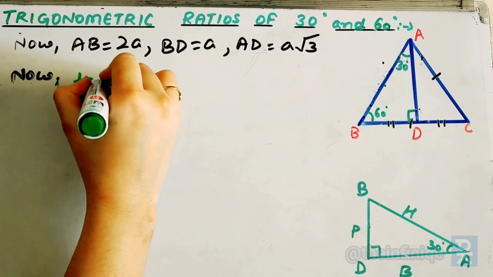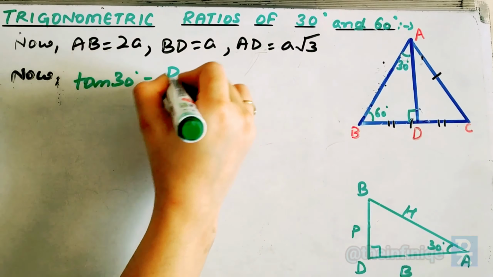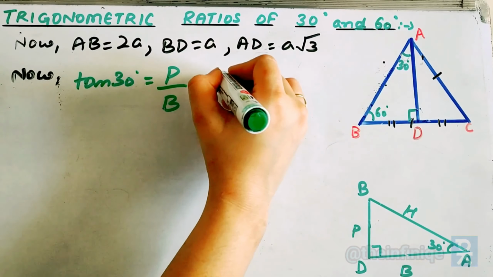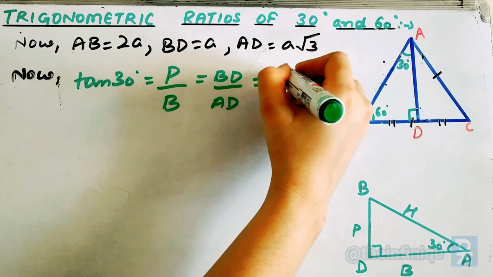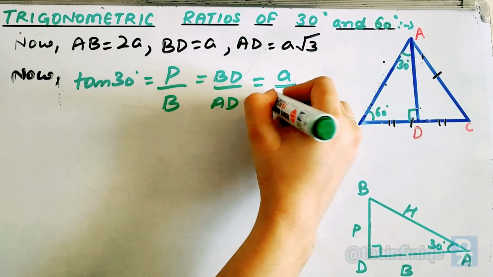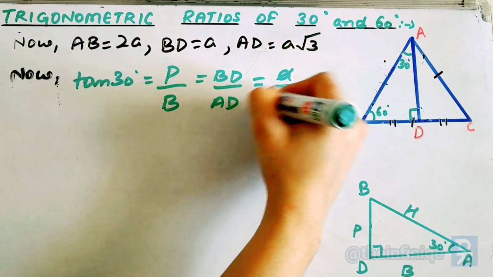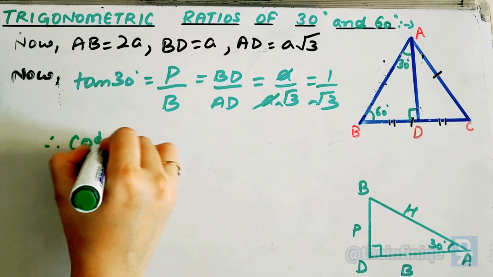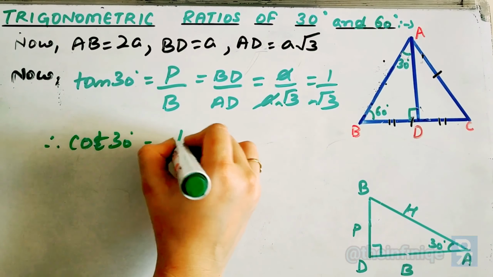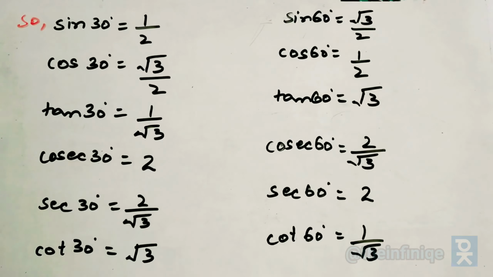And last, tan 30 degree, which is equal to perpendicular upon base. Perpendicular is BD and base is AD, and BD is a and AD is a root 3. a and a cancel, 1 upon root 3. Therefore cot 30 degree is equal to root 3.